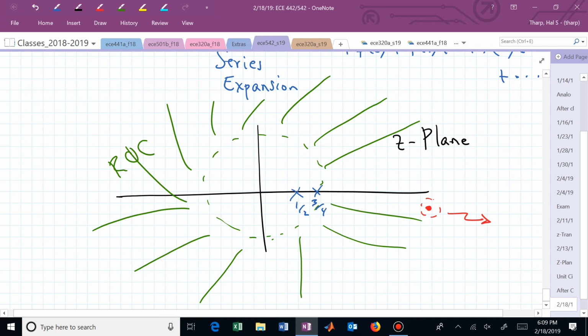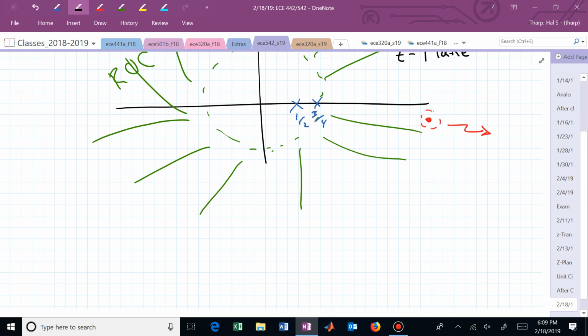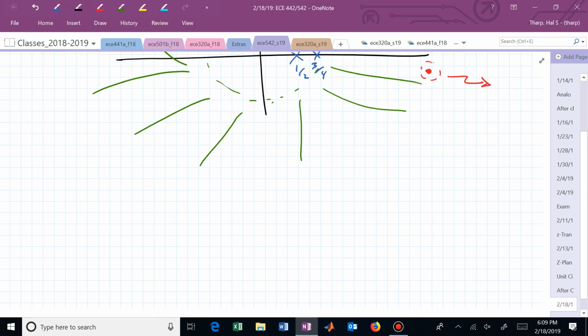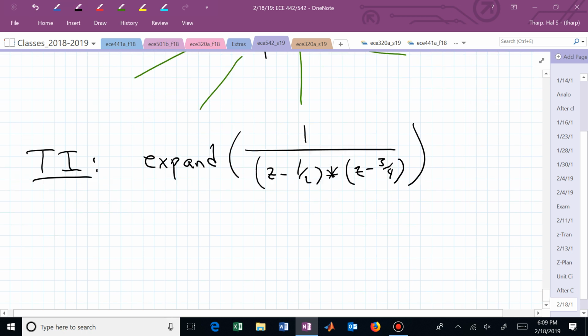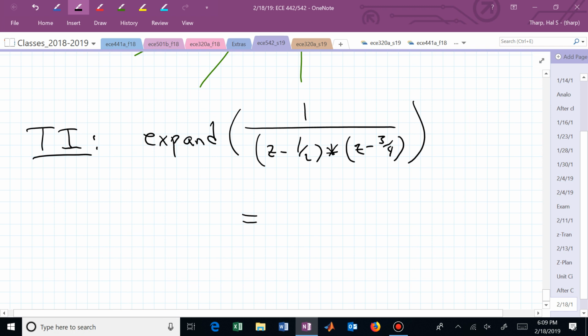And you could have quickly found that partial fraction expansion if you went into your calculator and punched in expand, and now I have 1 over z minus 1/2 times z minus 3/4, and it will now produce 4 over z minus 0.75 minus 4 over z minus 0.5.